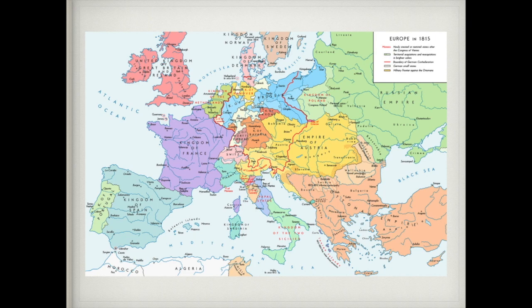So for the next few slides, we're just going to briefly go over Italian unification and how it was all brought together. Because before this, you have all these different Italian kingdoms. You have the Kingdom of the Two Sicilies, the Kingdom of Sardinia, the Papal States in the middle where the Roman Catholic Church is, the Kingdom of Lombardy-Venetia, the Kingdom of Tuscany, and all these people who lived in those areas didn't really see themselves as Italians yet.